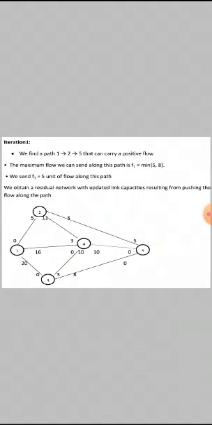Now for iteration 2, look at another path from 1 to 5. Here 1, 3, 5 is a path. From 1 to 3, 20 units can be flowed, and from 3 to 5, 8 units can be flowed, and the minimum of 20 and 8 is 8. So subtract 8 from 20 and add 8 to 0 in the arc 1 to 3, and for the arc 3 to 5, subtract 8 from 8 and add 8 to 0.